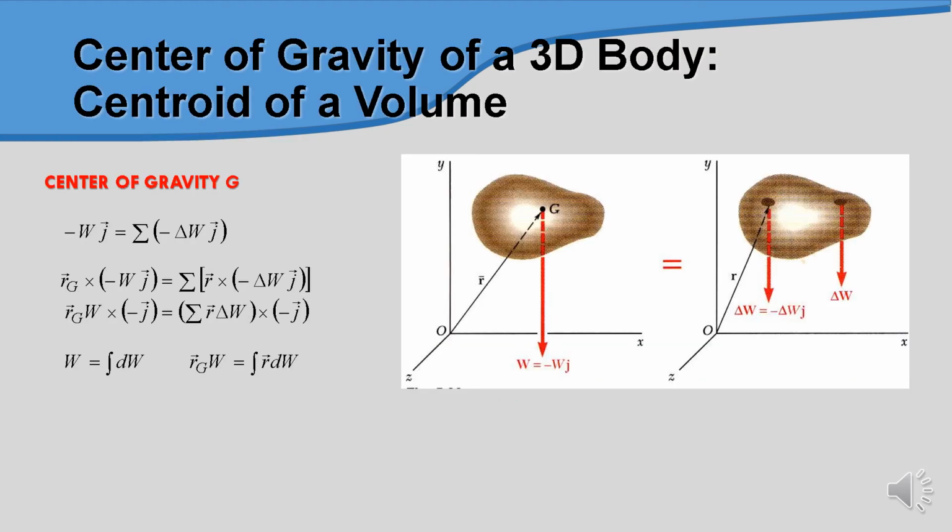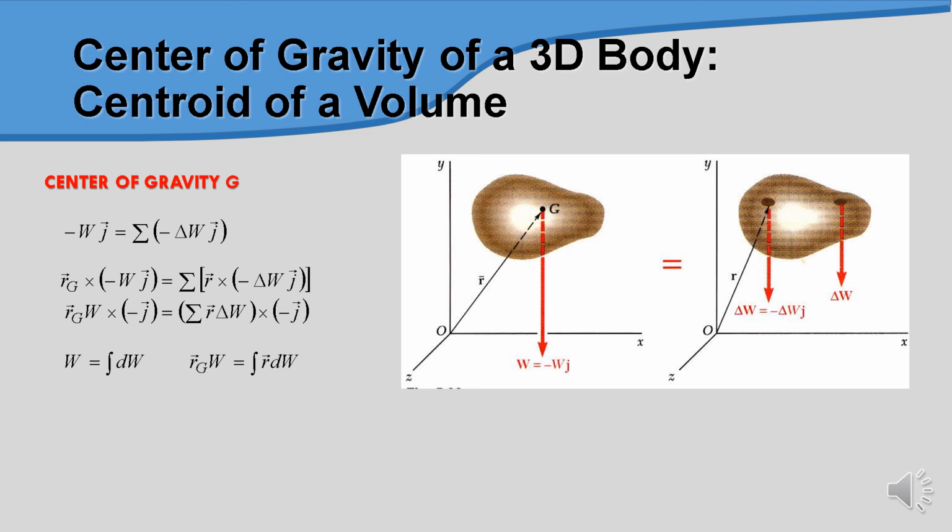And then finally, we have the center of gravity of a 3D body, which is related to the centroid of a volume. In this case, we have discussed the non-homogeneous shape, which is something like this. Basically, we have the distributed load all over the place, and we need to get the concentrated load.